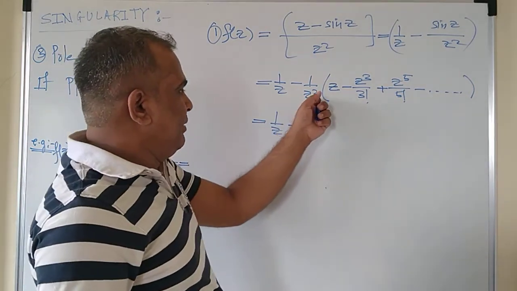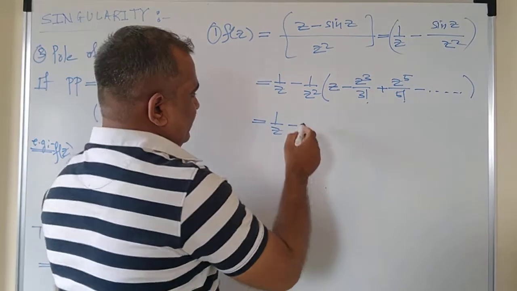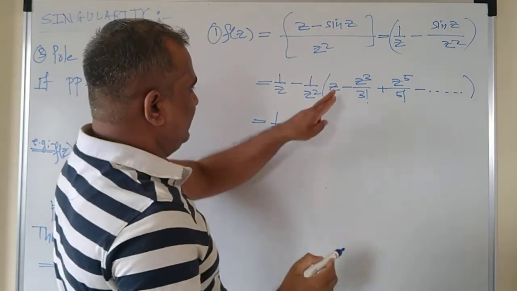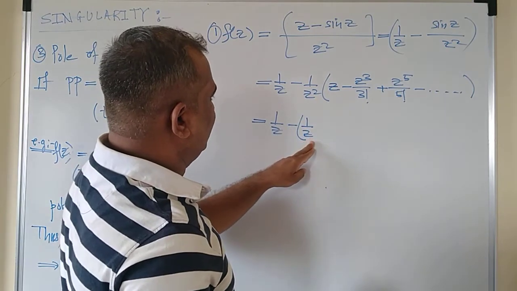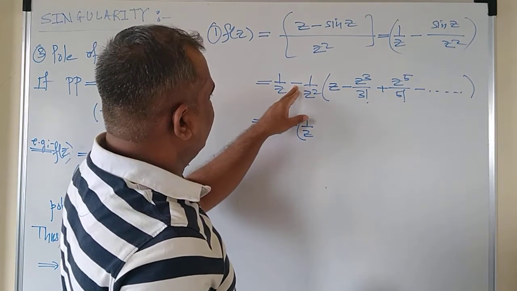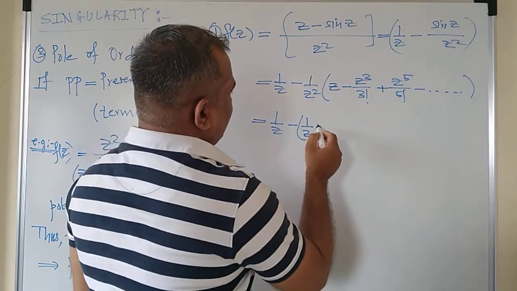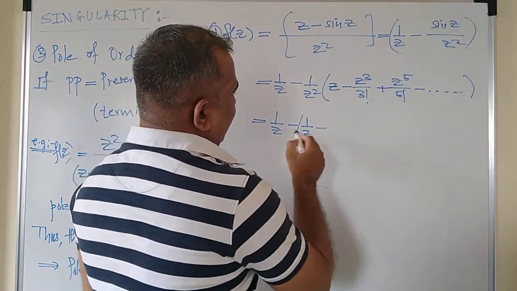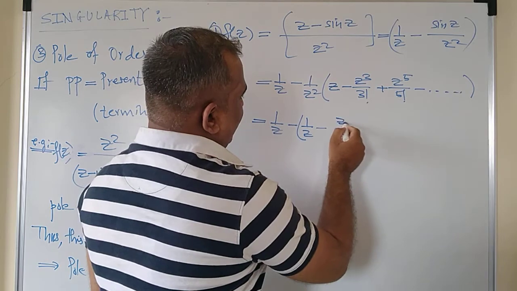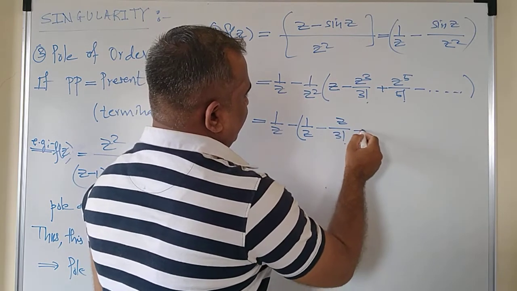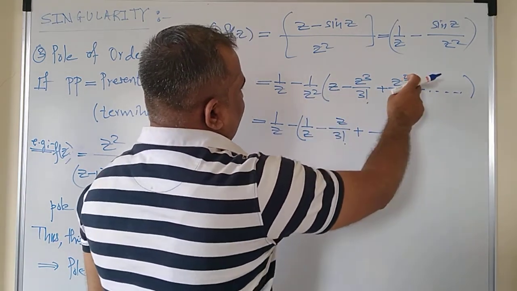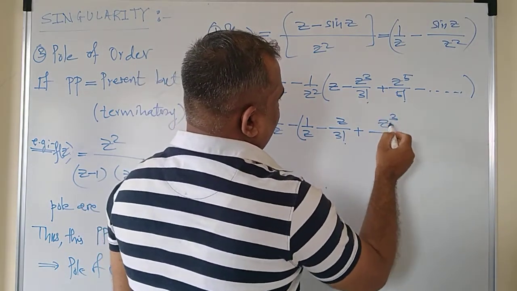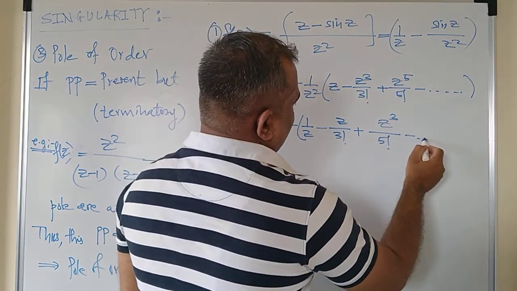Now if you multiply by this 1 upon z square, you will get some terms. The first term inside the bracket will give you 1 by z, and then the negative term gives minus z upon 3 factorial plus z cube upon 5 factorial.